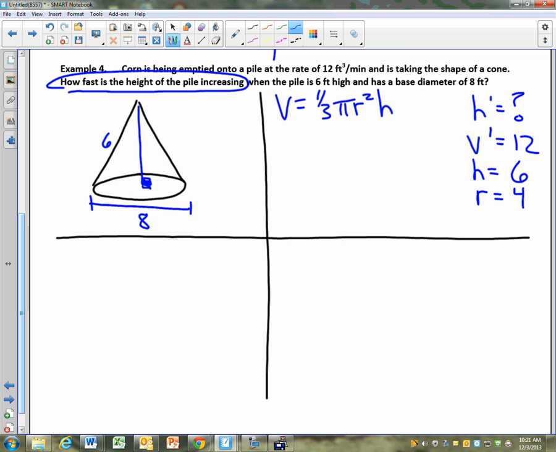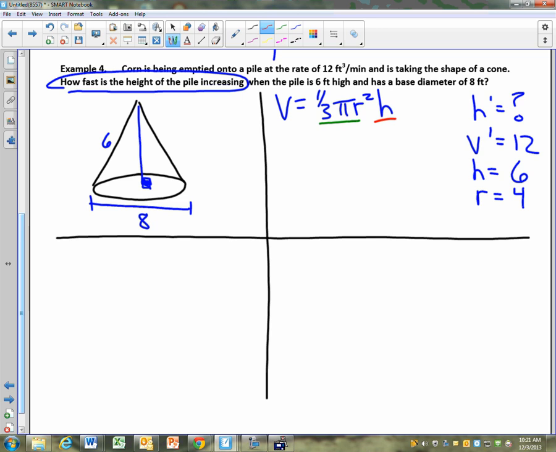And when you do the product rule, you would have the derivative of this part times this left alone plus the derivative of h times that left alone, right? When you take the derivative of this first part, the green part, true or false, you're going to come up with an r prime somewhere. True. Are we trying to solve for r prime? No. Do we know r prime? No. So that creates a huge problem.